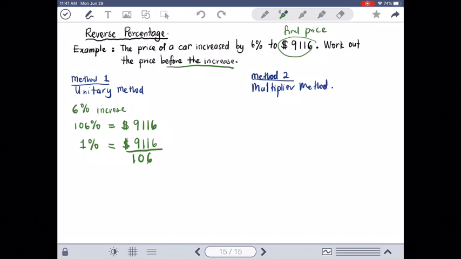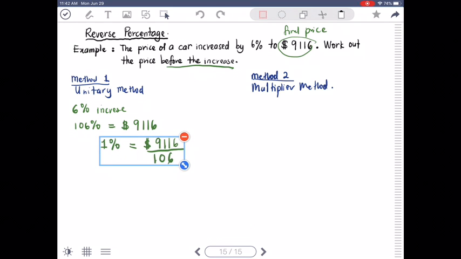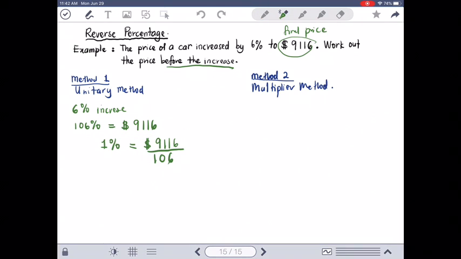But we do not want 1%. We want 100%, because we want to find the original price, when the price is 100%. Before the increase, the price in percentage is 100%.